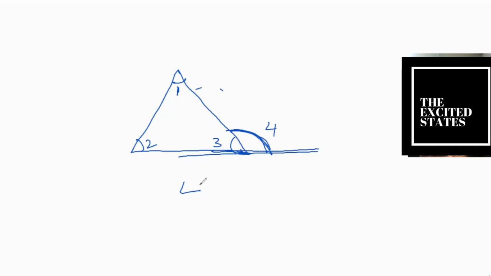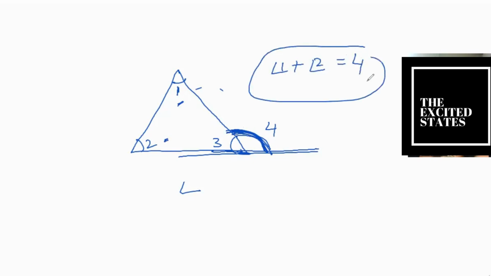Now, do you remember this theorem that the exterior angle of a triangle is equal to the sum of the 2 interior opposite angles? So angle 1 plus angle 2 is equal to angle 4.